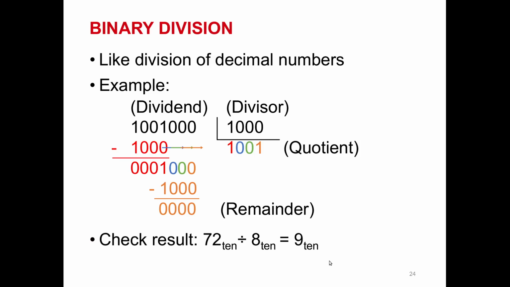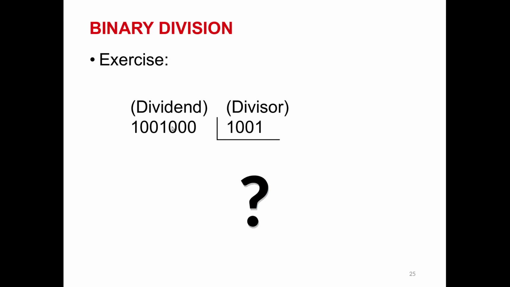Our next example is this division. We take the same value 72, or 1001000 in binary, and we divide by 9, or in binary 1001, and we do the same.